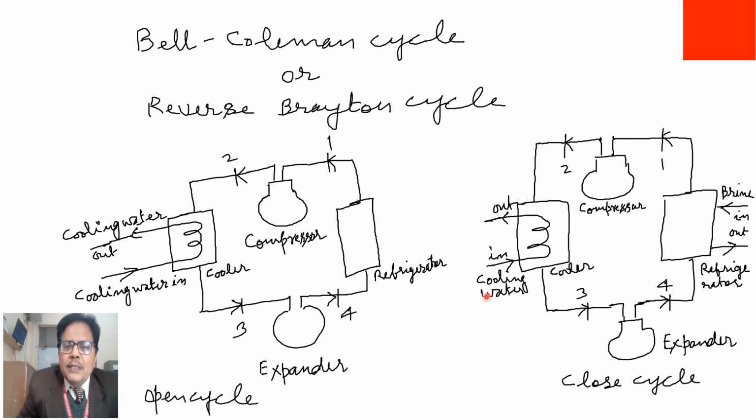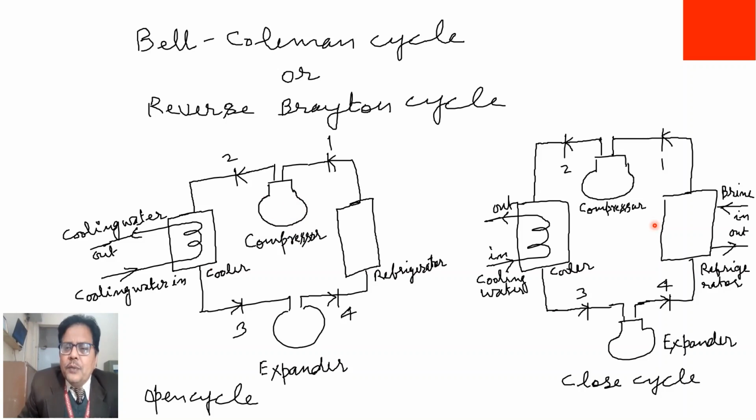And what are the advantages of the closed system over the open system? In the open system we directly feed the air to the space to be cooled. In this way it may be contaminated with moisture or some dust particles, and if we send it again to the circulatory system, that is the compressor or condenser, then this moisture can condense, or it can choke the direction or the flow of the air.